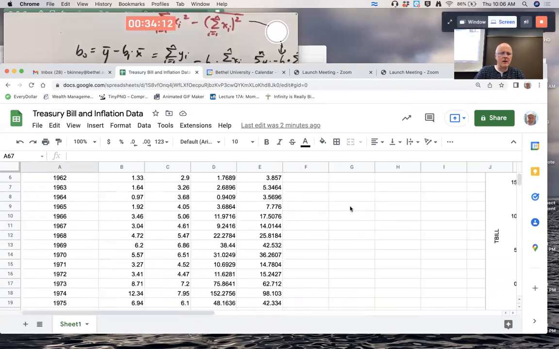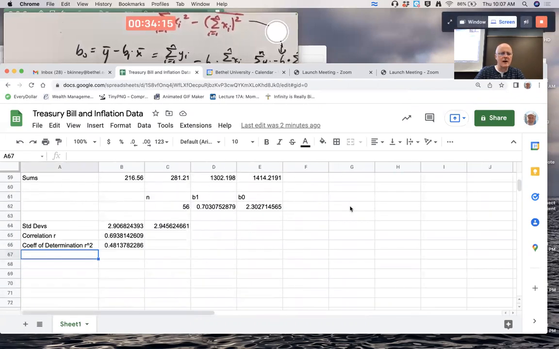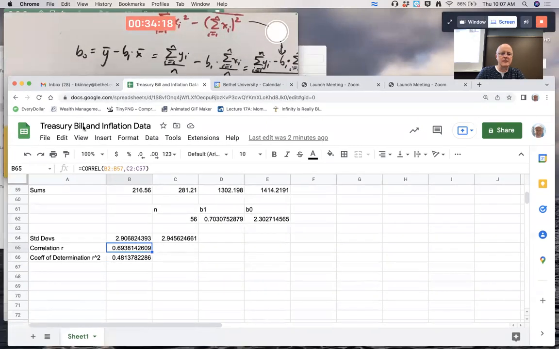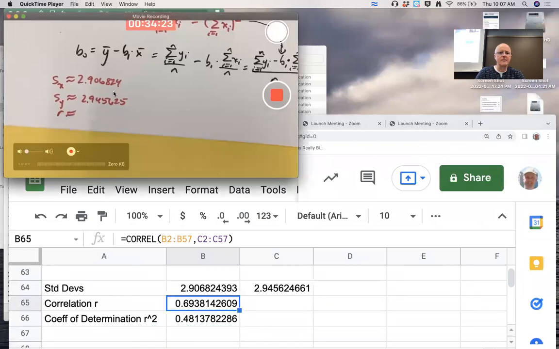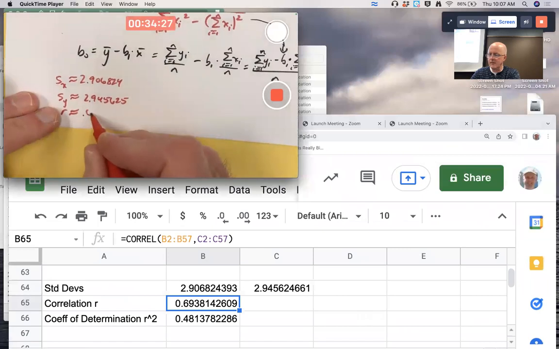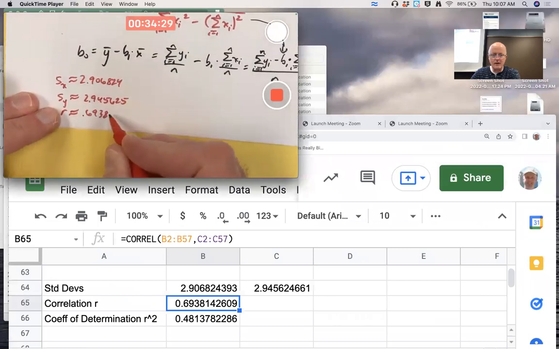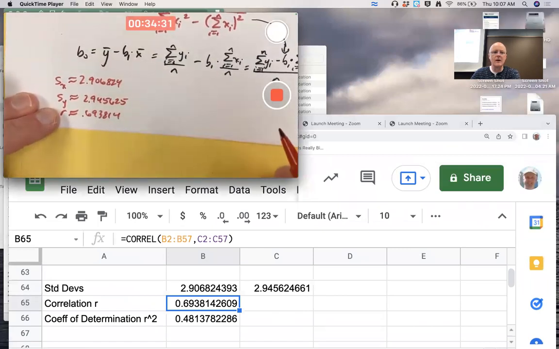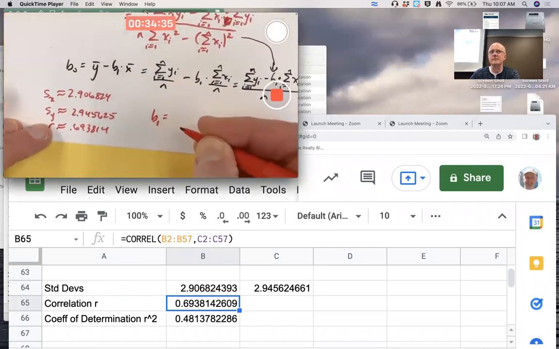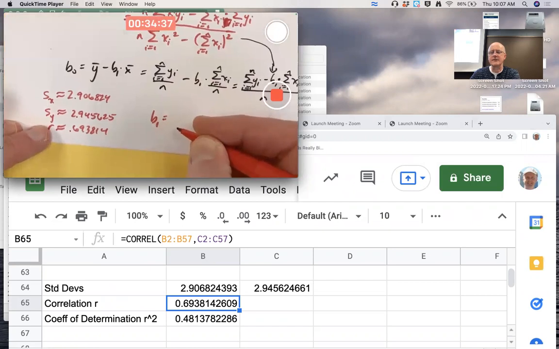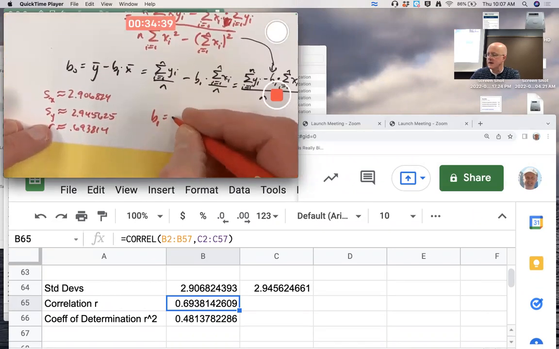So what do we get for R? We got 0.6938. I forgot to write that down. Here's another formula for the slope. To tell you the truth, I forget if this formula is in our textbook or not.